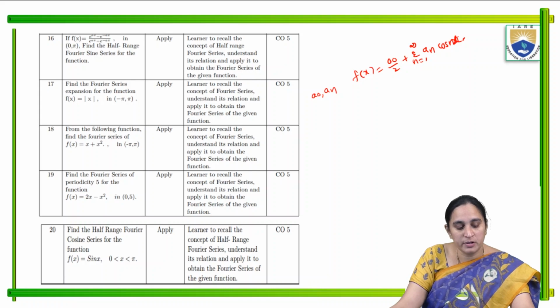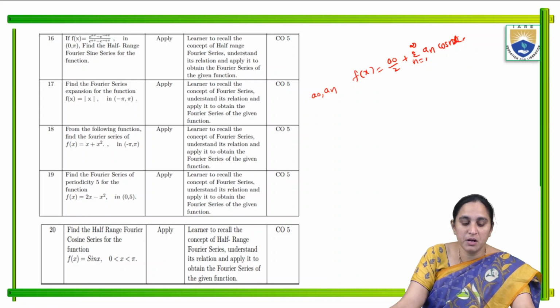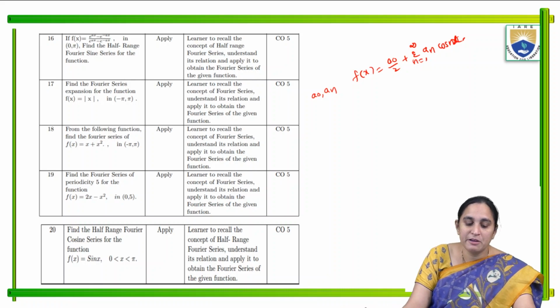Okay, 19th one, find the Fourier series of the periodicity 5 for the function f of x is equal to 2x minus x square in 0 comma 5. Here the periodicity is 5 for the function f of x is equal to 2x minus x square.